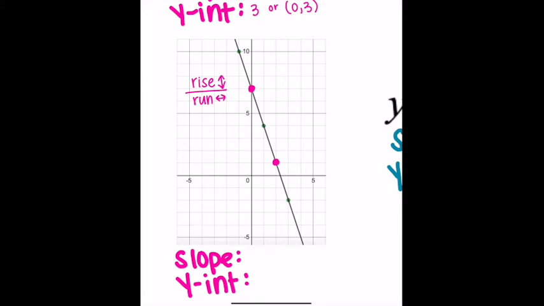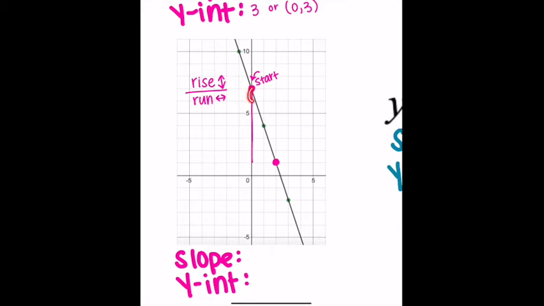Now, it doesn't matter which one you start with, but just be careful that whenever you start with one, you're counting up or down, and that determines your positive or negative. So if I start with this one, then I'm going to go down so many. So we need to count. How many did I go down?